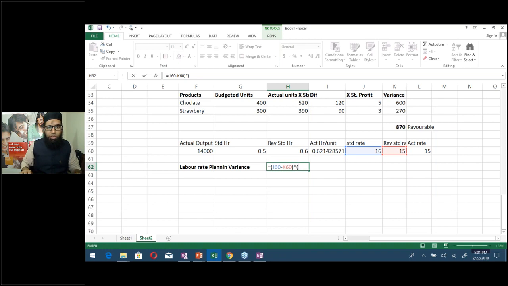And actual hours will be actual hours per unit multiplied by number of units. So this will be 8700. Now, as the answer is positive, it will be favorable.